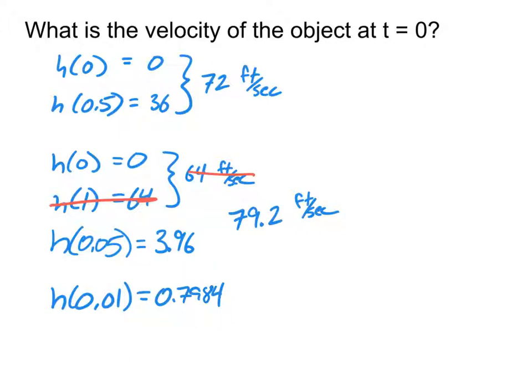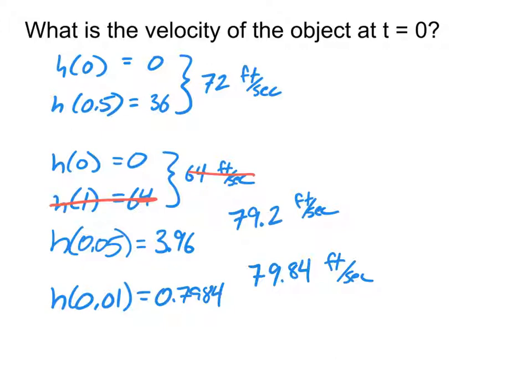I'm then going to divide that by 0.01, because it's just the distance from 0, right? And so it's 0.01 away, and that gives me 79.84 feet per second. Do you think that's going to be the exact velocity at 0? No, even that doesn't seem exact, does it?